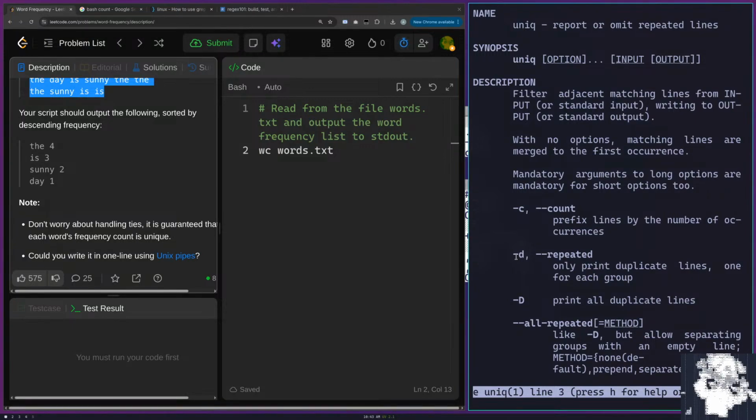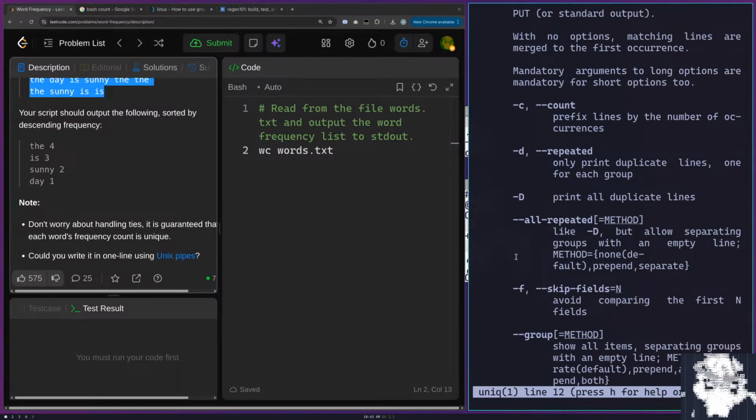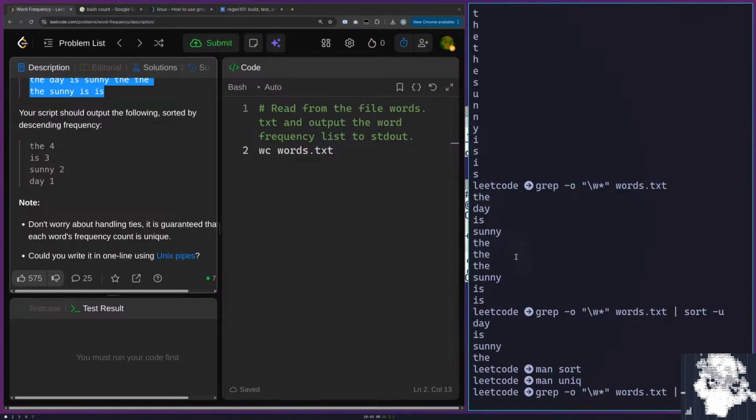Ah, unique -C. So what if I pipe U into unique -C?